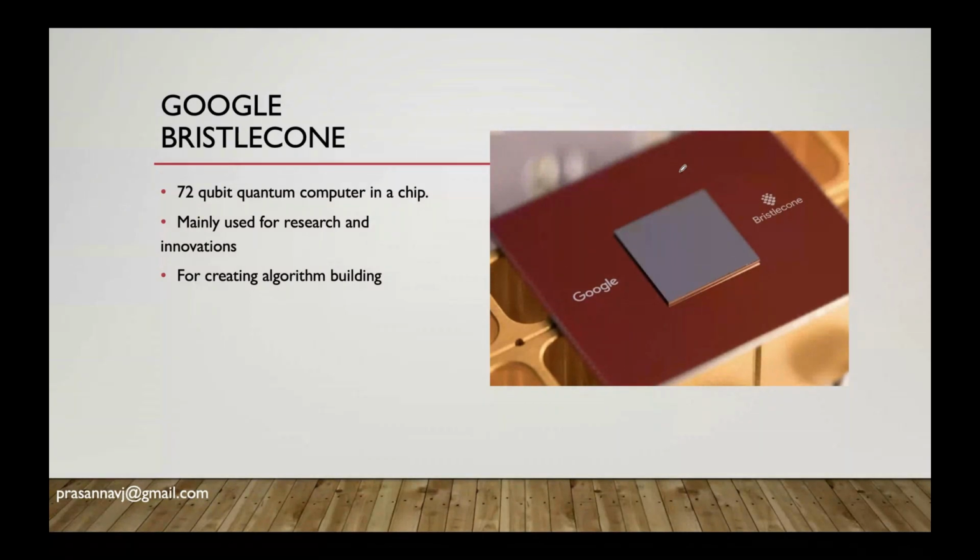Now we have processing power in many millions, but we are at a very initial stage of quantum computers. That's the reason we have a very limited number of qubits being used for building these quantum chips, because the technology is at a very primitive level.